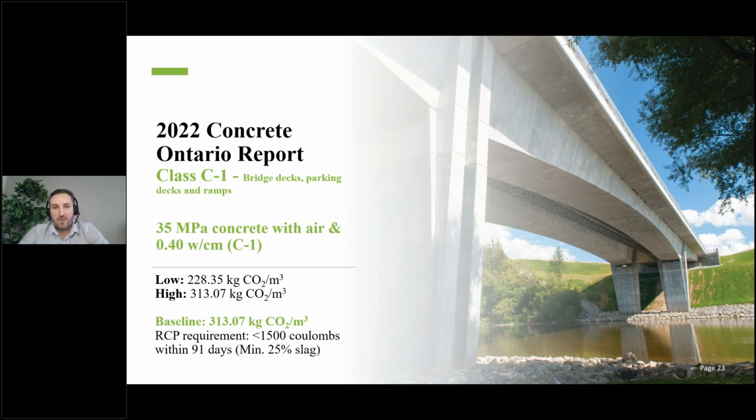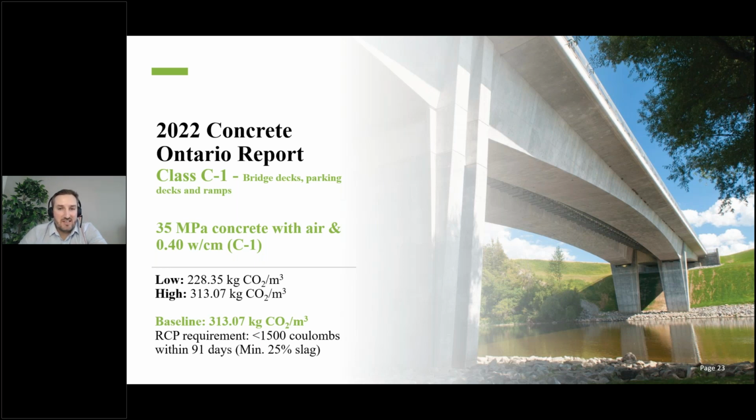And the most important part about this mix design is you have to achieve a performance requirement for rapid chloride permeability, which is less than 1500 coulombs within 91 days. And to achieve that from a mix design perspective, you actually need minimum 25% slag.